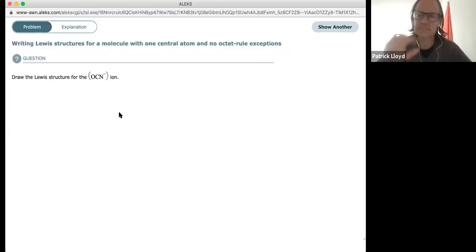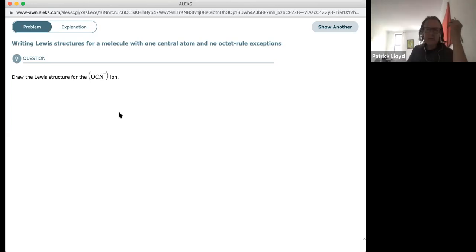All right, let me show one more. We'll try one more of these. That's an interesting one. Okay, writing Lewis structures for a molecule with one central atom and no octet rule exceptions. Okay, same idea.